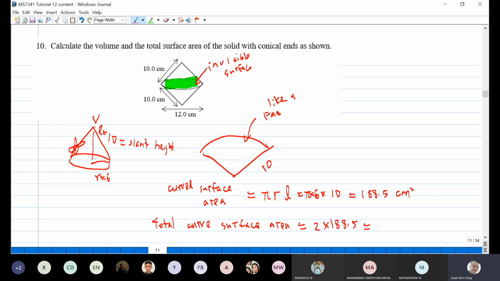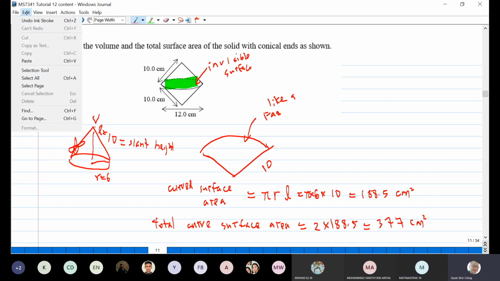So times 2 here. Okay, this will give you 377 cm squared. Okay, this is how you find the total surface area.